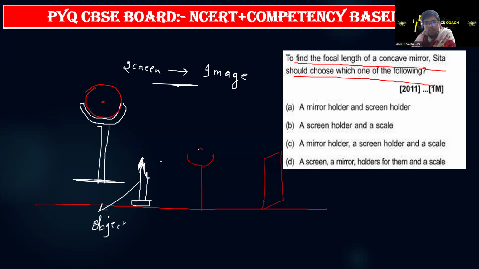In this holder we have any mirror. Lens holder or mirror holder, in our case it is a mirror holder. Simple. This is the mirror. Here the mirror will be. Here. This is the screen.